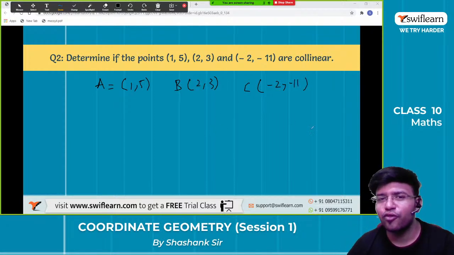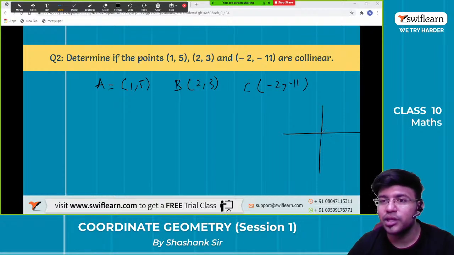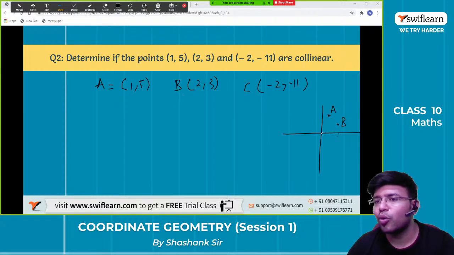Let us plot these points on a rough diagram, and then we can see how to proceed. 1 comma 5 is somewhere here. This is point A. Point B, 2 comma 3, this is point B, and point C, minus 2 comma 11, somewhere here.